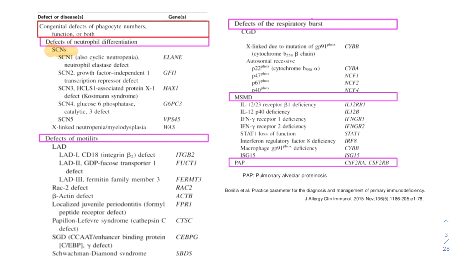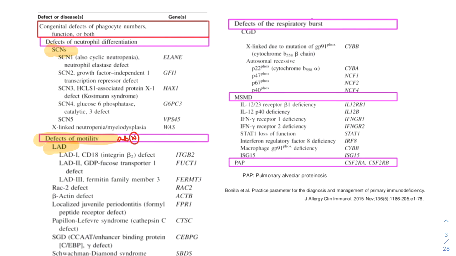Next, the defect can lie in the motility of the neutrophils, and this will lead to an abnormal neutrophil function because they cannot locate to the site of infection or inflammation or injury. That is, defective migration of phagocytes to the site of infection or inflammation, and this defective migration occurs in leukocyte adhesion defect, which I will be discussing in this lecture.